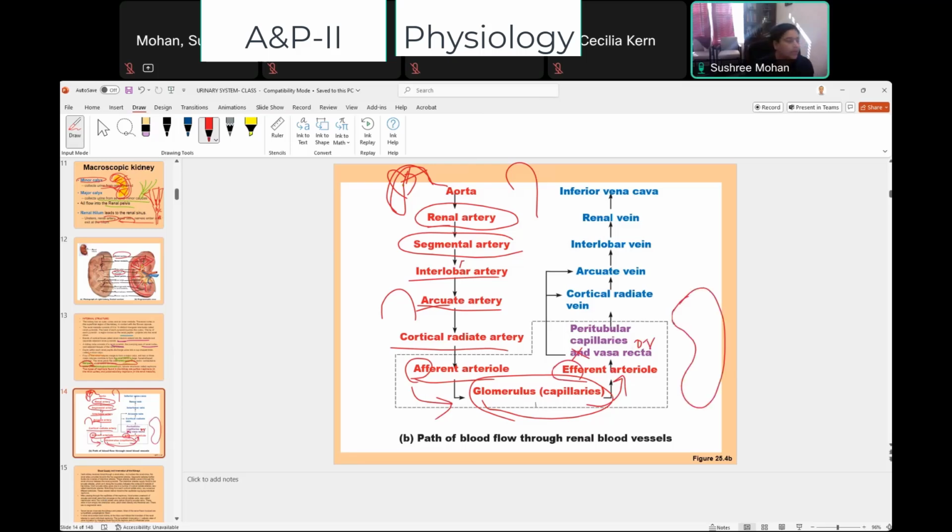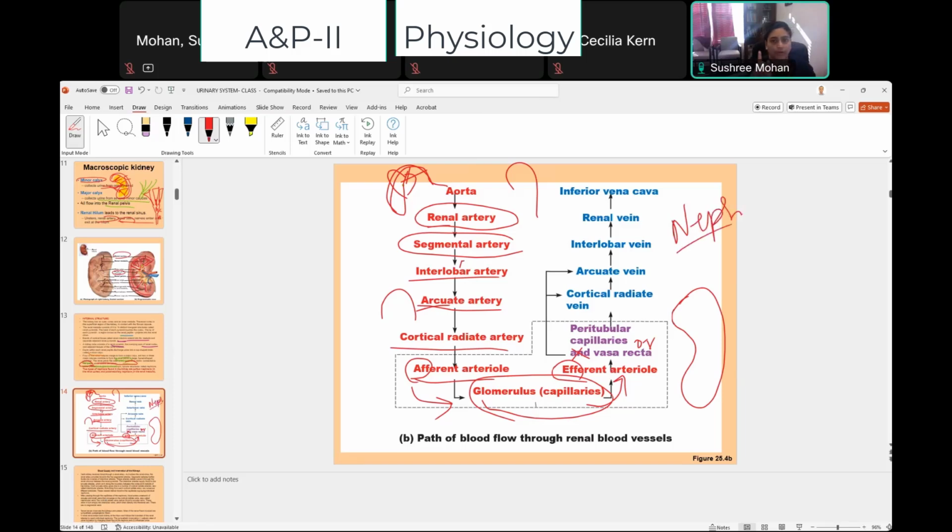I told you that the main component that does the filtration, that does all the functions of the kidneys, the structural and functional unit, is the nephron.